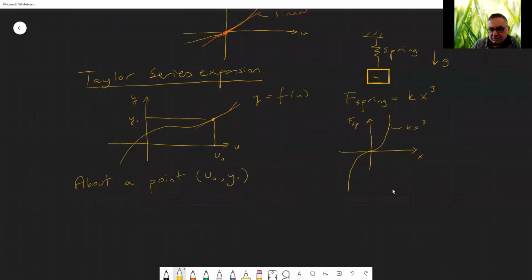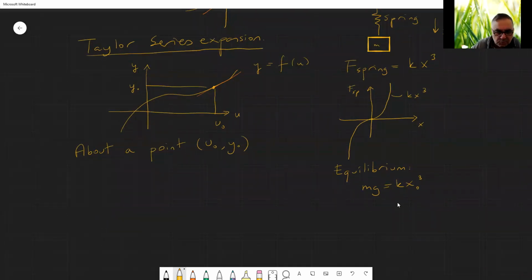If you left the system to itself without any forcing, the equilibrium would be mg equals kx0 cubed, so that the equilibrium point x0 would be, for example, mg over k to the power 1 over 3. This is the equilibrium displacement. This is what we are talking about here. So the equilibrium point is something like this, and this would be x0, with a corresponding f0. That would be an equilibrium.